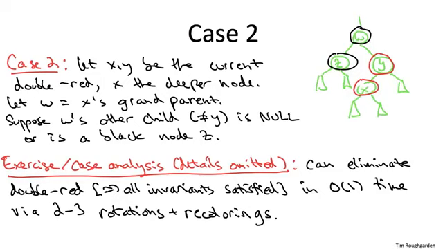So the work done overall is dominated by the number of double red propagations you might have to do. That's bounded by the height of this tree, and that's bounded by big O of log n. So in all of the cases, you restore all 4 invariants. You do only a logarithmic amount of work. So that gives you a logarithmic insertion operation for red-black trees as promised.